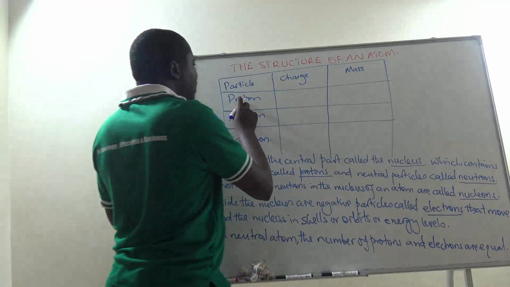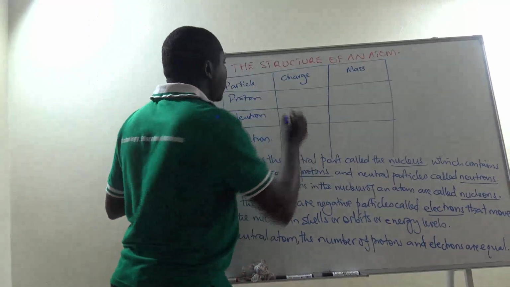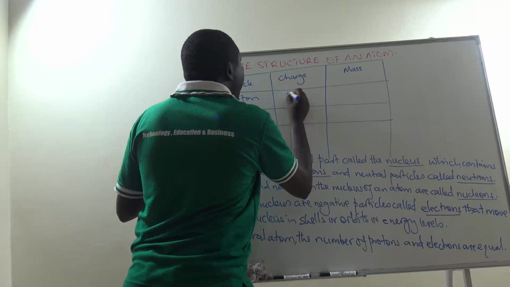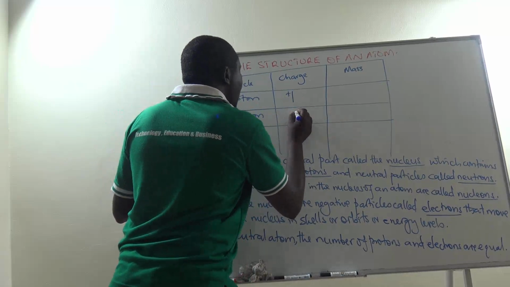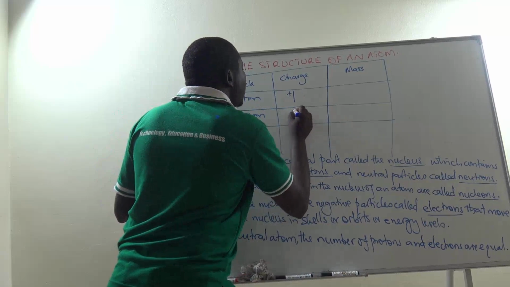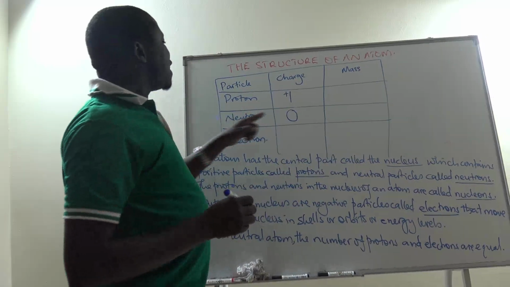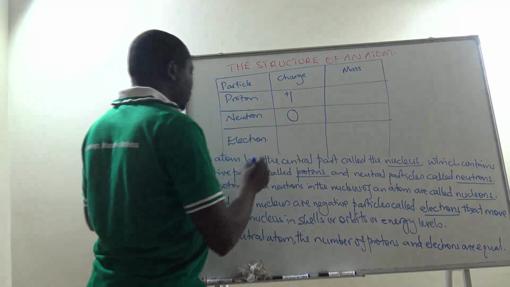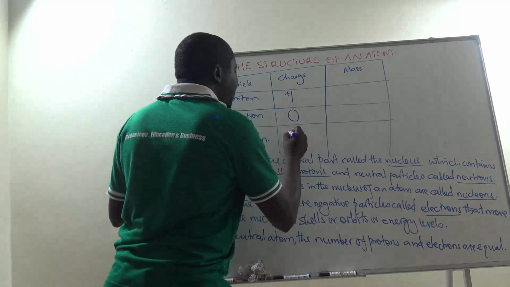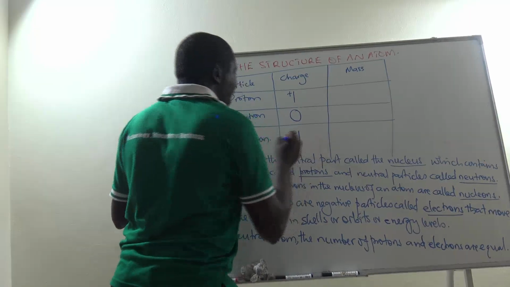A proton is a positive particle with a charge of +1. A neutron is a neutral particle with no charge. So we say that the charge on a neutron is 0. And an electron is a negative particle with a charge of -1.